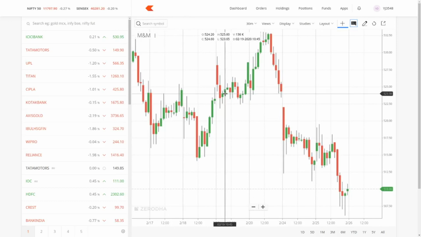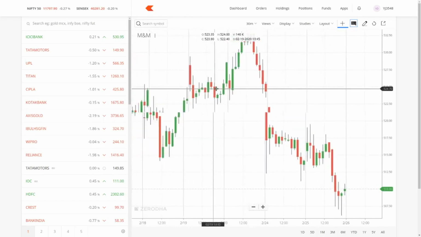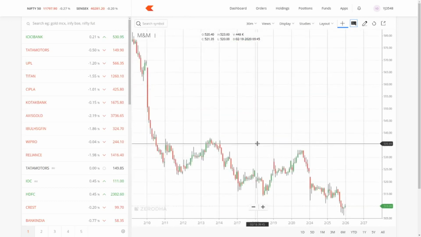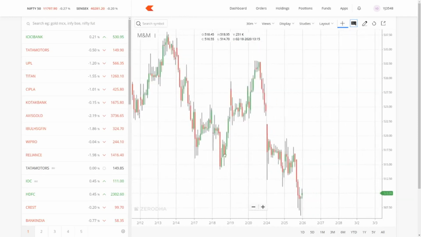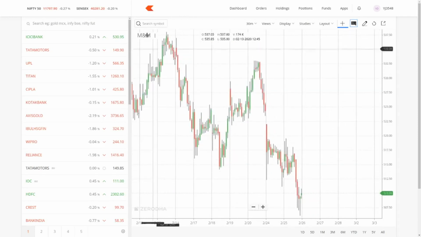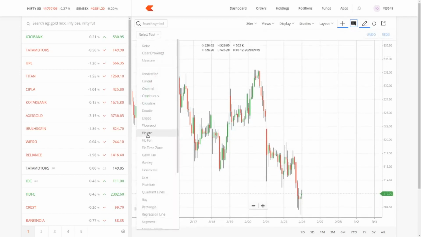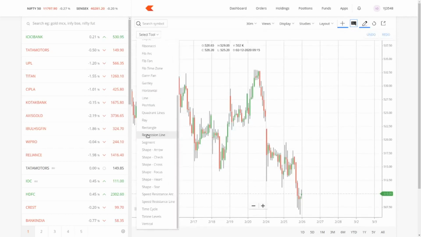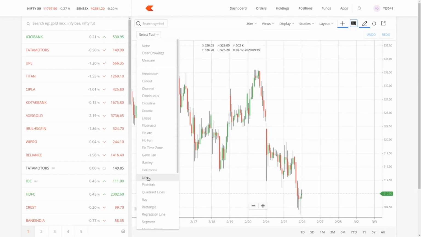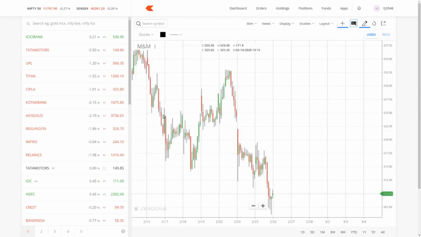Again, as I said, this is a more lenient version of it. Let me explain why this scanner identified this condition. First of all, let me get a drawing pen. So this is forming your left shoulder, this is the right shoulder, this is the head.